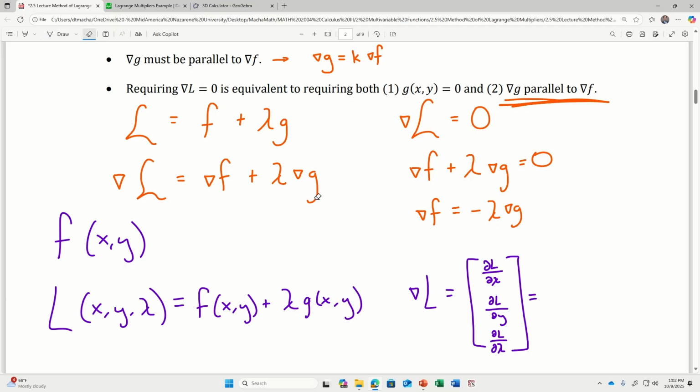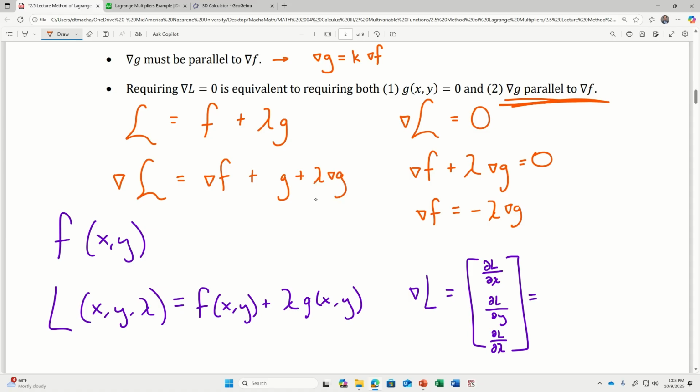What I should have written for the gradient of lambda times g is maybe something that looks more like the derivative product rule, which is the derivative of lambda times g plus lambda times the derivative of g.